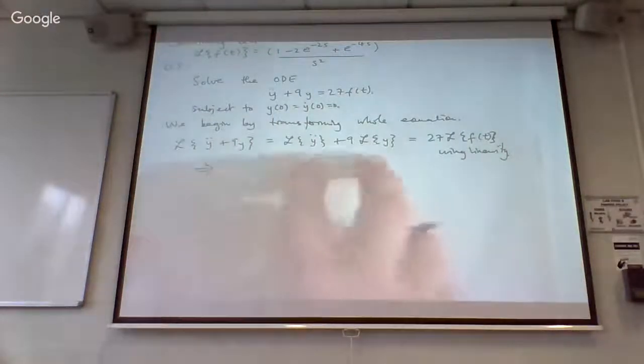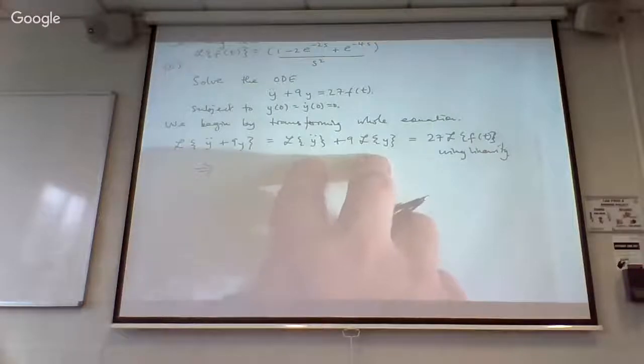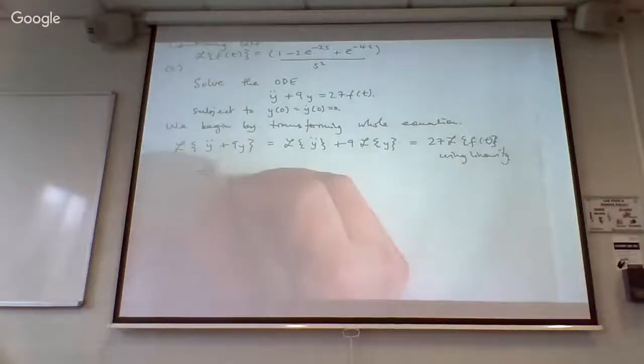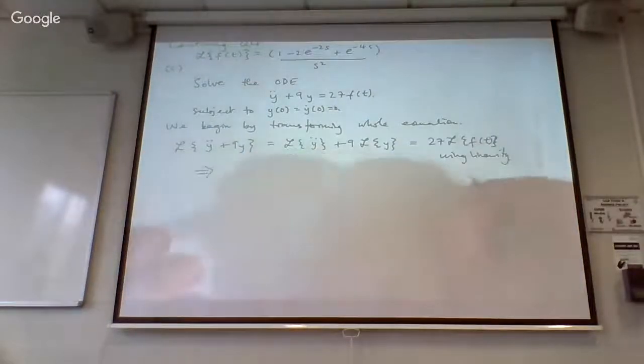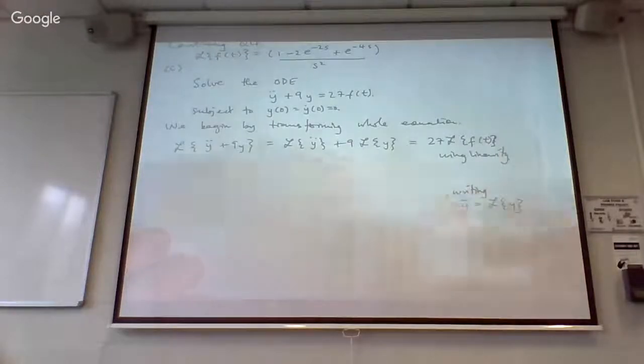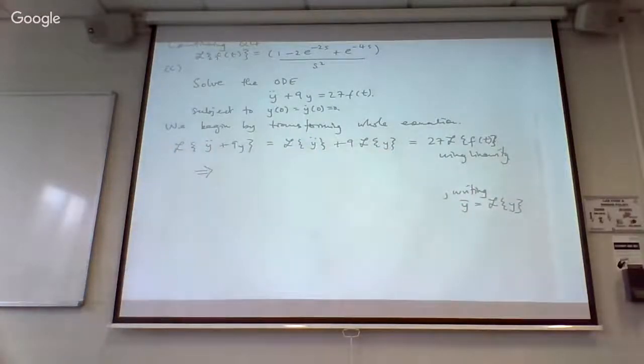So this is going to imply that, and now we want to use the transform of derivatives property, the transform of a second derivative. And we're also going to write y bar for the Laplace transform of y, rather than keep writing the expression Laplace transform of y, just a more compact notation.